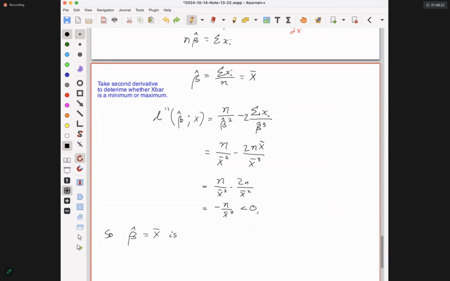Why were we interested in the second derivative? Why were we interested in the likelihood function at all?